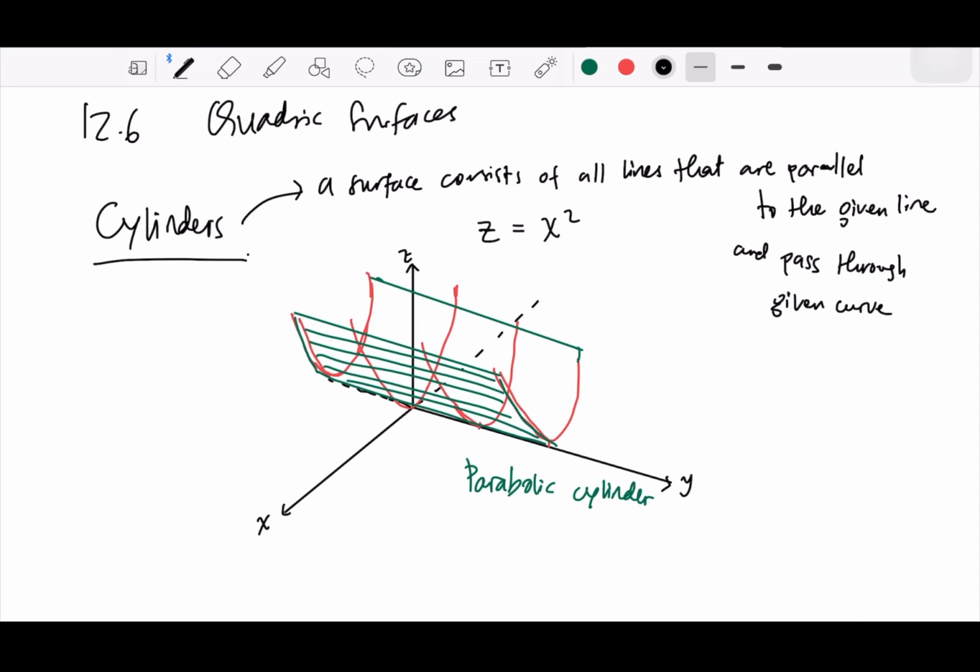And if you look here, we have lines that are all parallel. And this is parallel to the y-axis.